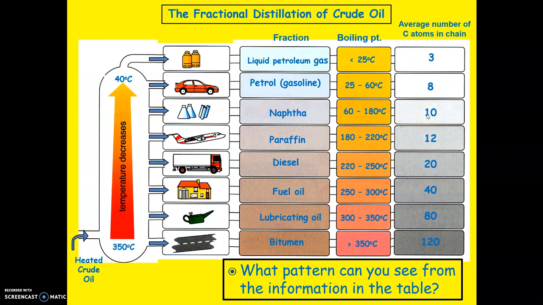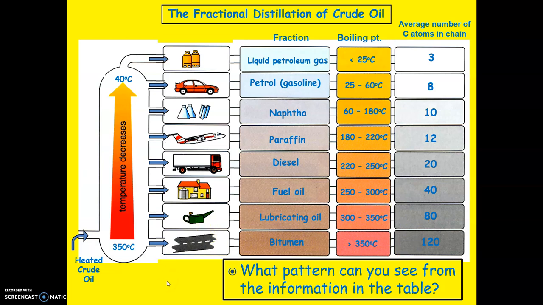The key part, hopefully you understand, guys, is that as the temperature increases, so does the average number of carbon atoms in the chains. This is because more heat energy is required to break down the longer chains. The more bonds there are in these hydrocarbons, these covalent bonds are very strong, the more of them there are, the more energy, the more heat is required to break them down.